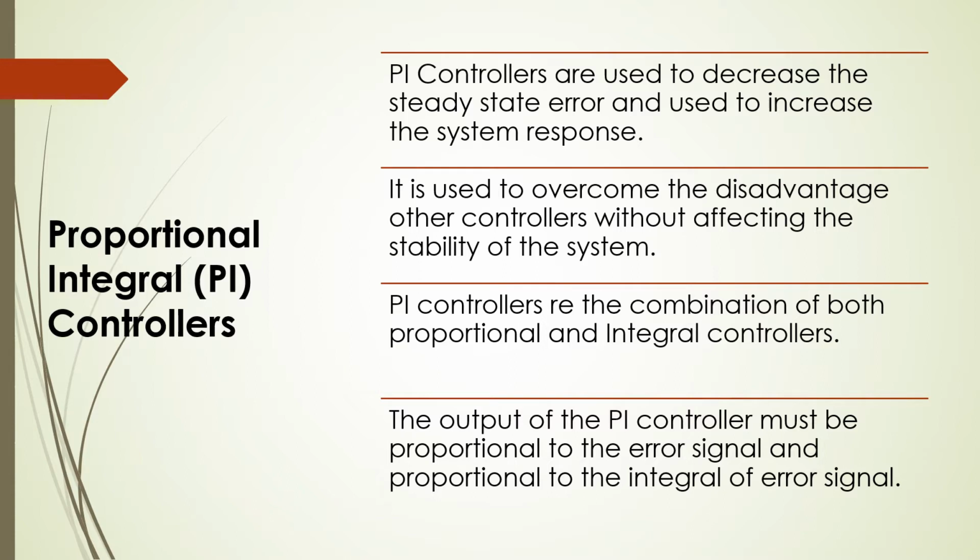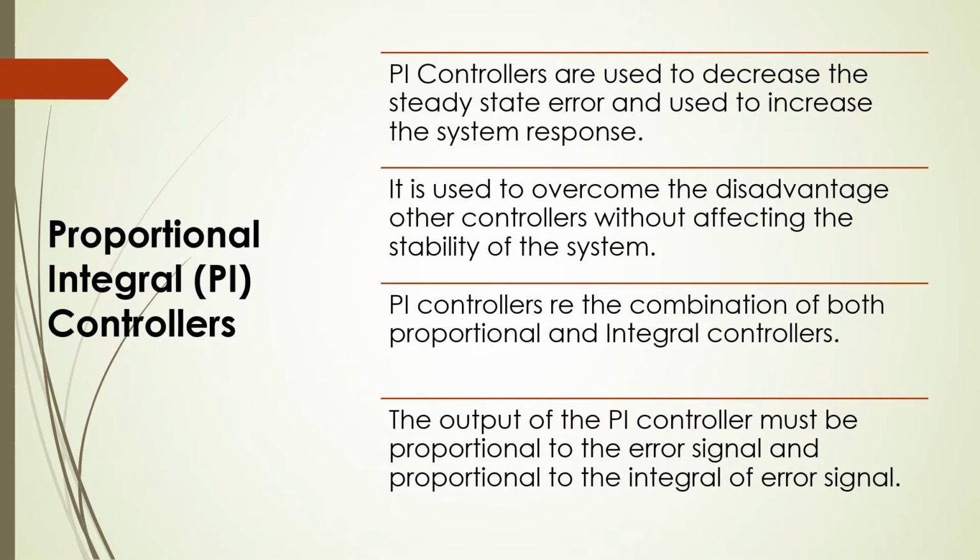Basically we have some other basic types of controllers such as proportional controller, derivative controller and integral controller. When you put together proportional and integral, they form proportional integral controllers. So PI controllers are nothing but the combination of both proportional and integral controllers.